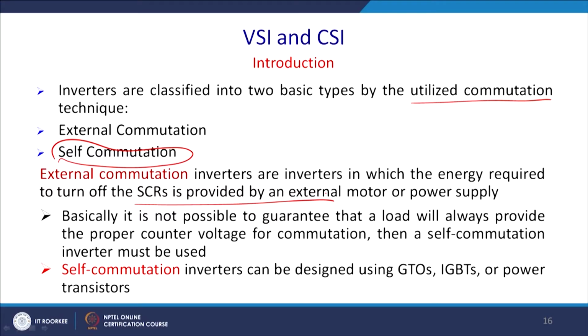Basically, it is not possible that the load will provide the proper counter voltage for the commutation, because there are different techniques for the commutation of thyristors. You apply the reverse voltage and bring the current below the holding current.